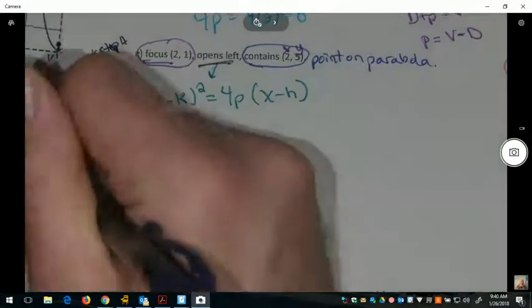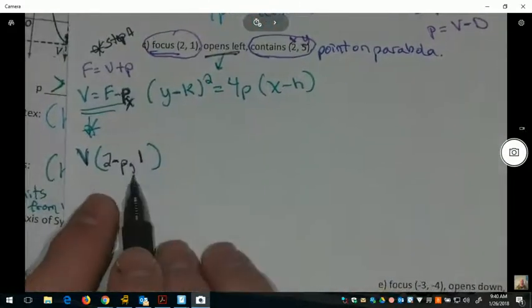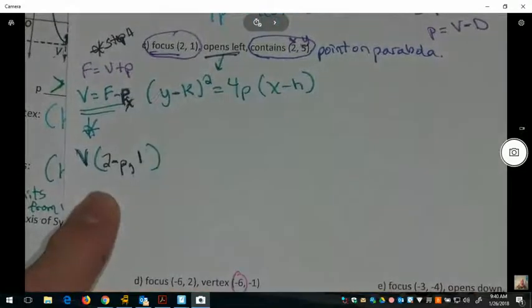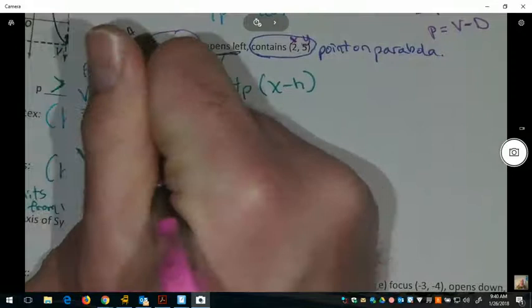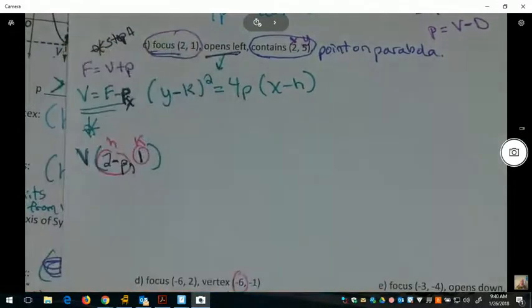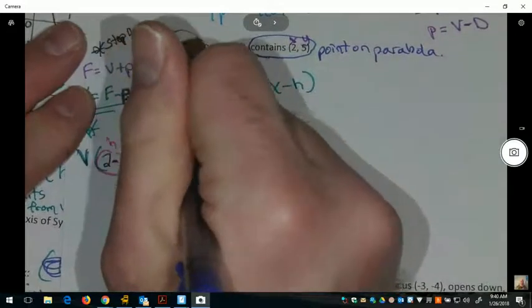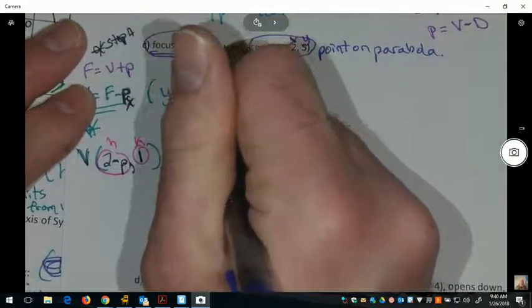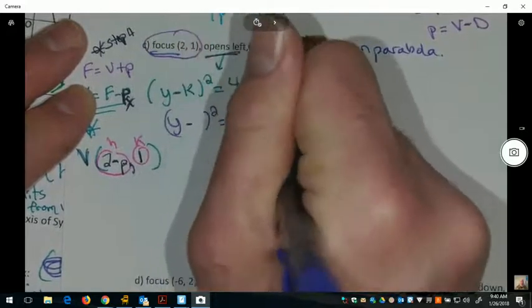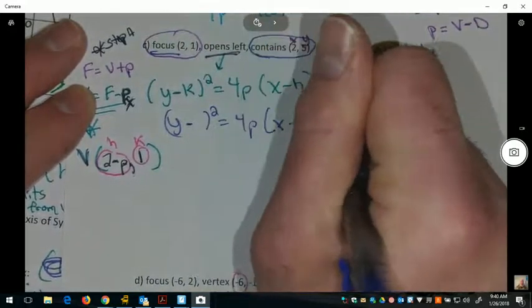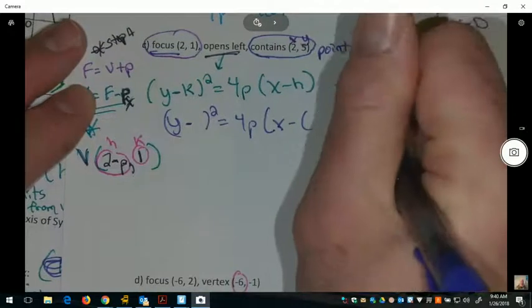So we have an expression for our vertex. I'm going to take this and I'm going to plug it in. This is going to be plugged in for h. This is going to be plugged into my equation for k. So now I have y minus 1 squared equals 4p times x minus, in parentheses, 2 minus p.